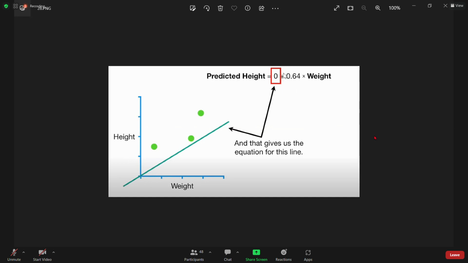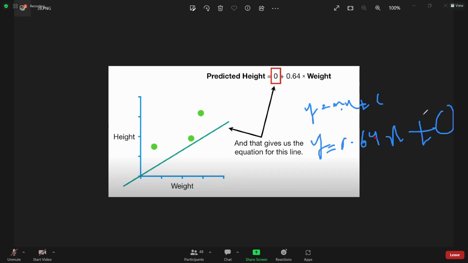So the intercept is what, guys? 0. So can I say y equal to mx plus c, that is, y equal to 0.64x plus 0, can we write this?